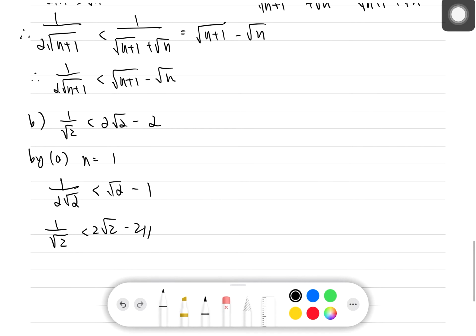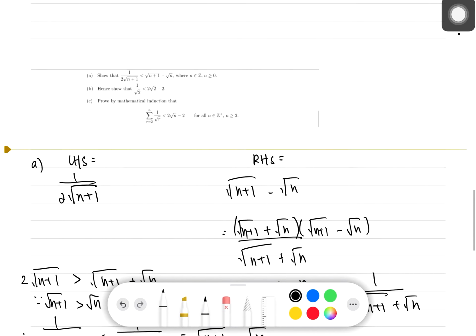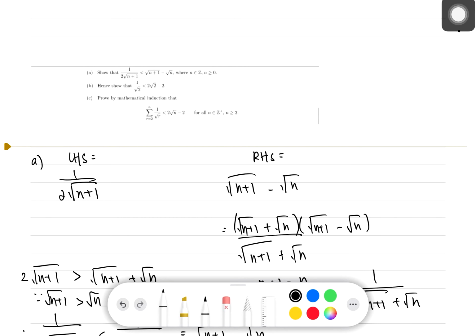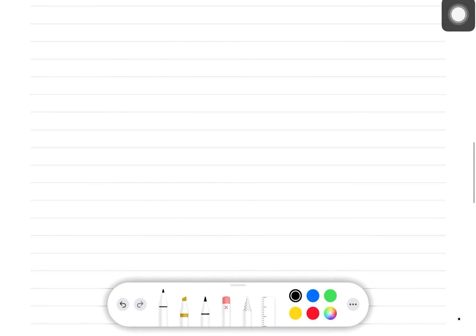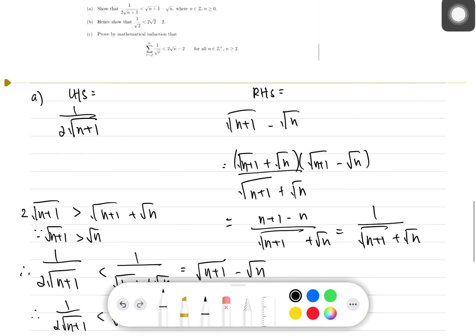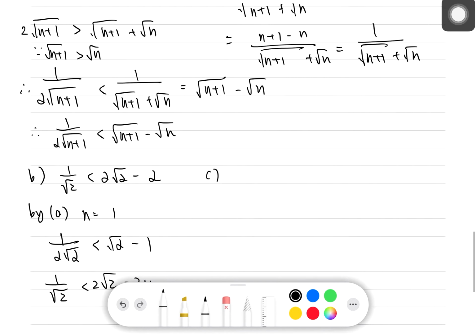So pretty straightforward. Now the c part is again mathematical induction with an inequality, like the first question. Let's write it out.